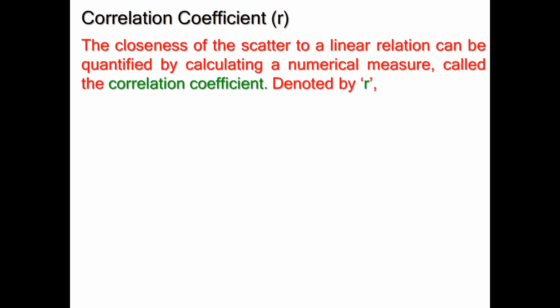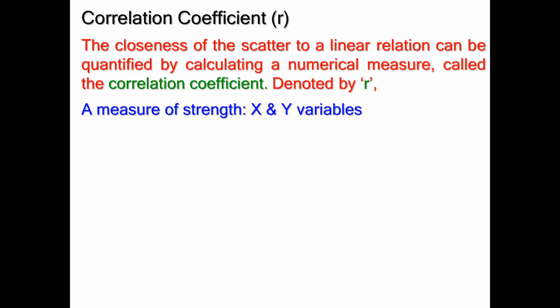Our visual impression of closeness of the scatter to a linear relation can be quantified by calculating a numerical measure called the correlation coefficient. The correlation coefficient is denoted by r. It is a measure of the strength of linear relation between the x and y variables.